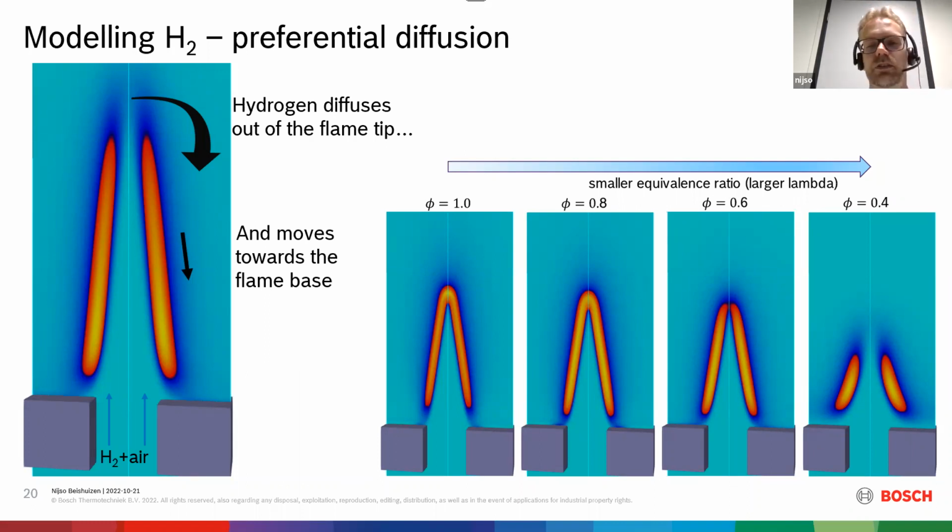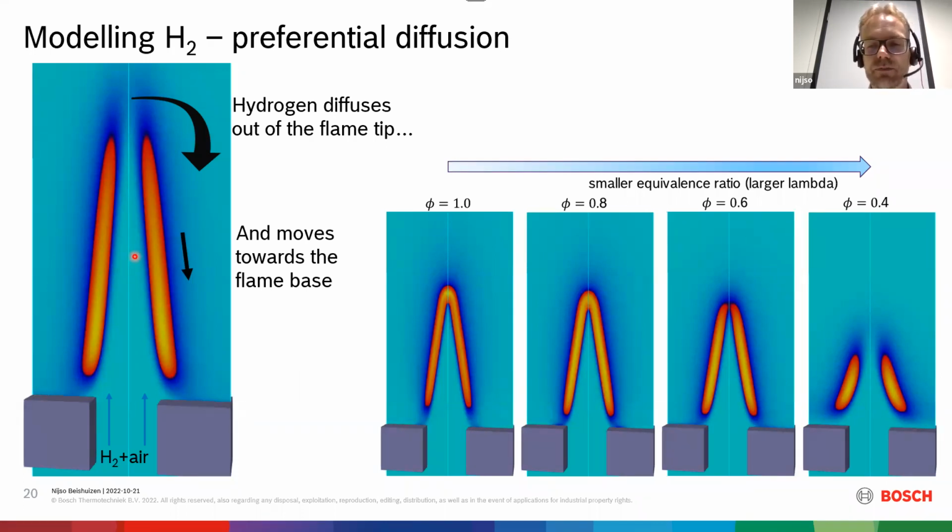So here is a sketch of what this is. Basically, the fuel to air ratio, or equivalence ratio, in a purely premixed gas is constant. In this example, I have purely premixed hydrogen and air coming into this domain, so the equivalence ratio is constant in the entire domain, you would say.